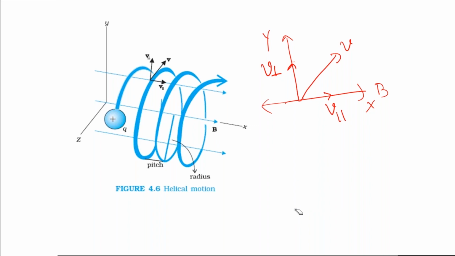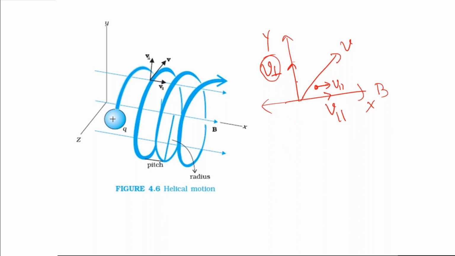So the charged particle will be dragged towards the x direction by this v parallel. But another component is there, that is v perpendicular, which is perpendicular to the magnetic field direction. So this will actually experience a force due to this component, and that will give you the centripetal force, isn't it?